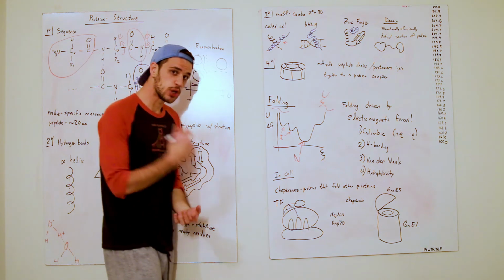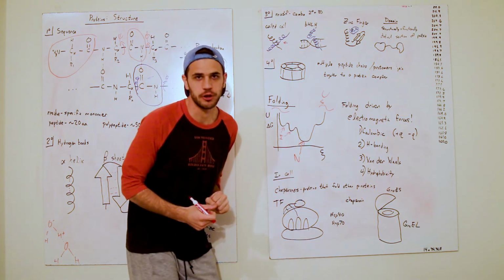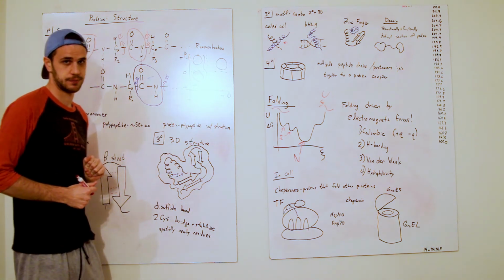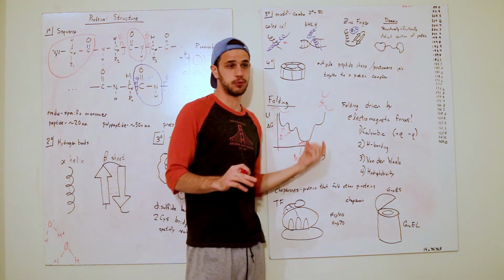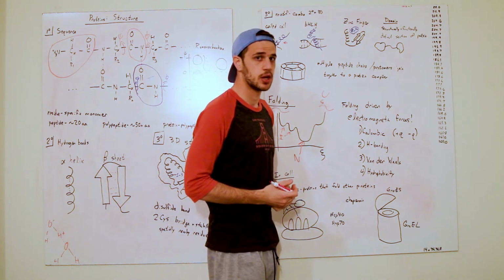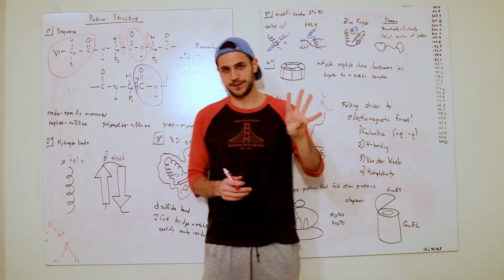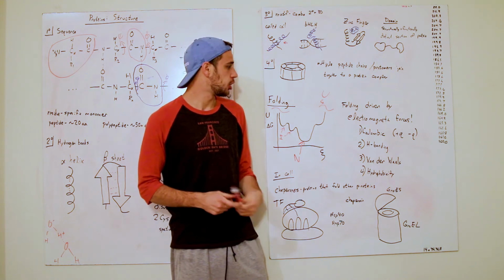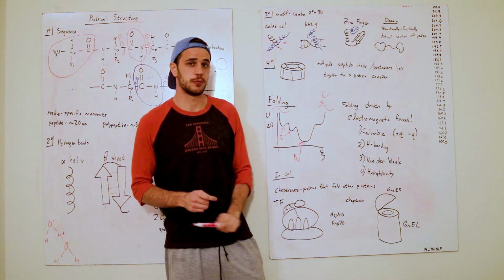Now, what drives this? Why do we get this fancy funnel thing? And that is electromagnetic forces. Electromagnetic forces define everything of protein folding in a classical sense. We can subdivide it into 4 different types of electromagnetic forces that help define this: coulombic interactions, hydrogen bonding, van der Waals forces, and hydrophobicity.